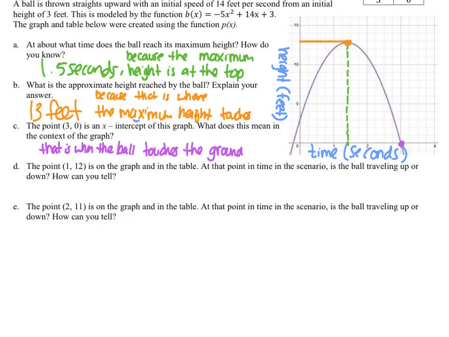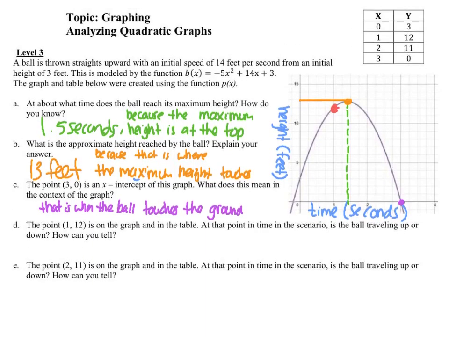Question D. The point 1, 12 is on the graph and in the table. So it's on the graph, 1, 12 right here, and it's on the table right here. At that point in time in the scenario, is the ball traveling up or down? How can you tell?